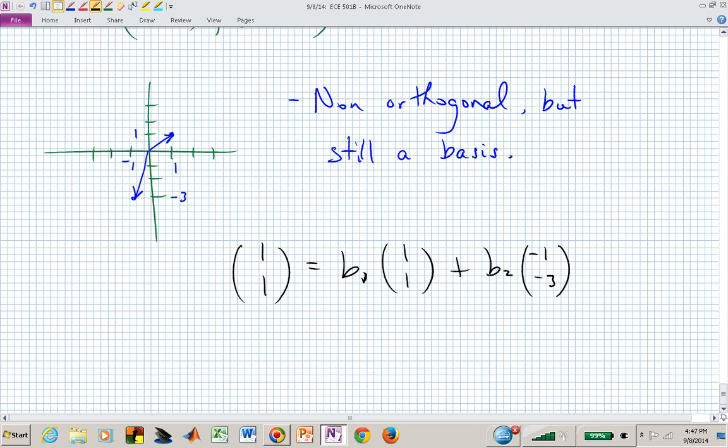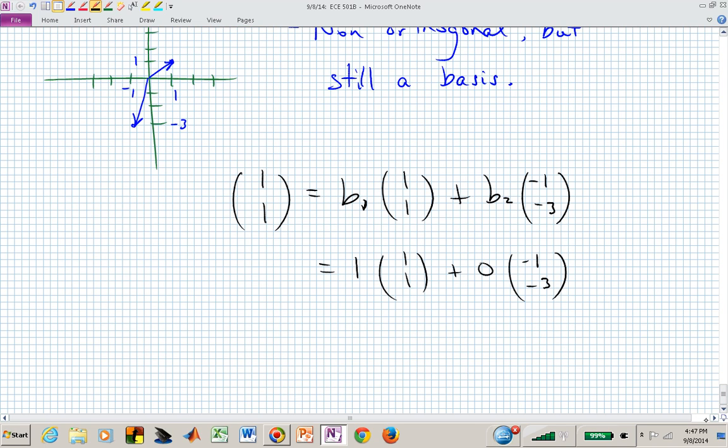Here, in order to make that happen, we just need b sub 1 to be 1 and b sub 2 to be 0. Now if somebody said, oh, the coordinates that describe that same point are now 1, 0, whereas before it was 1, 1. Meaning the coordinates that somebody gives you to describe a location in your vector space depends on the basis vectors that you're using. Yes?